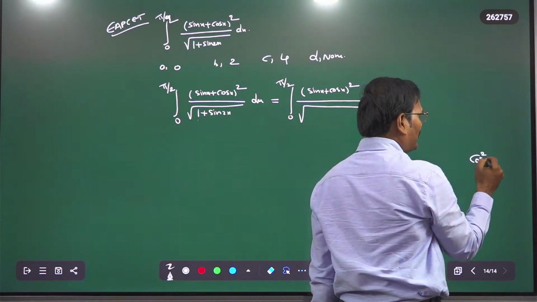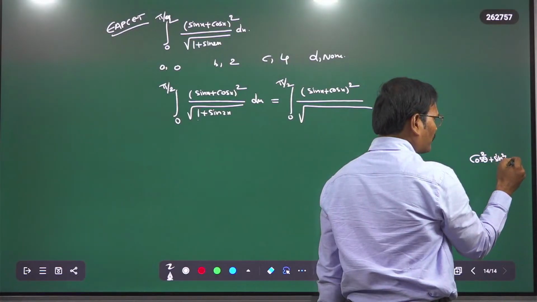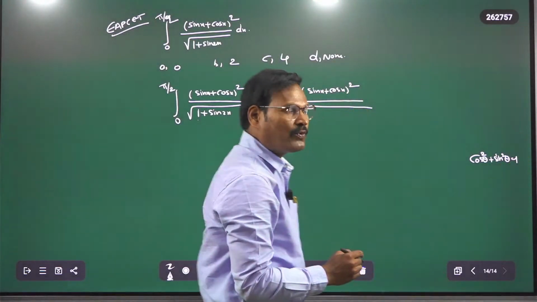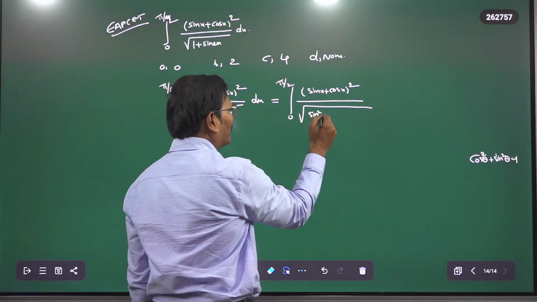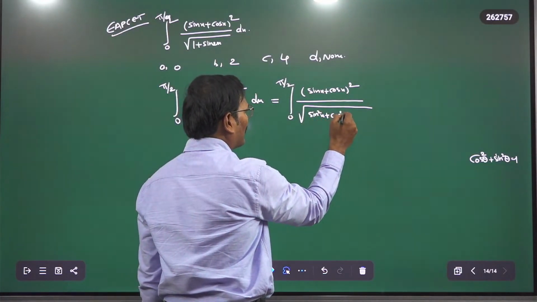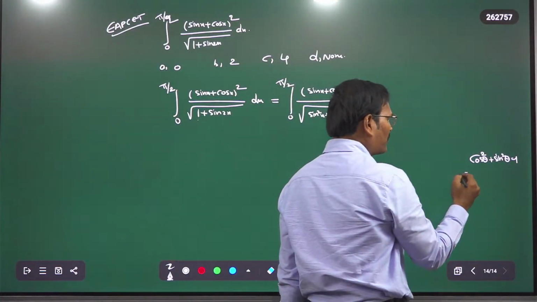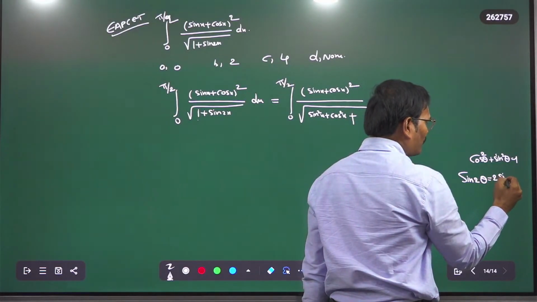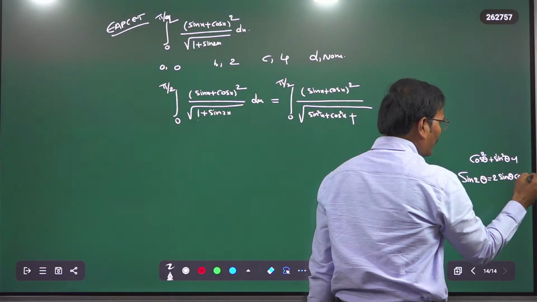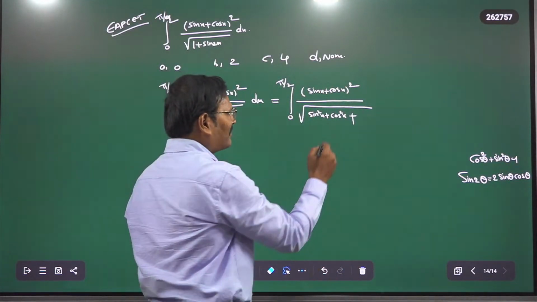So cos square theta plus sin square theta is equal to 1. So I am using that formula here. So sin square x plus cos square x plus sin 2x. In trigonometry, multiple and submultiple angles, we have the formula sin 2 theta is equal to 2 sin theta cos theta. So in place of sin 2x, I am writing 2 sin x cos x.